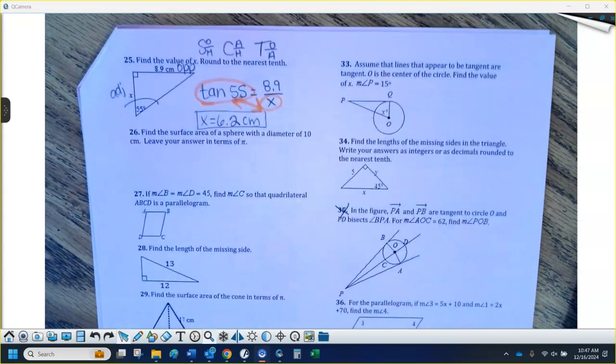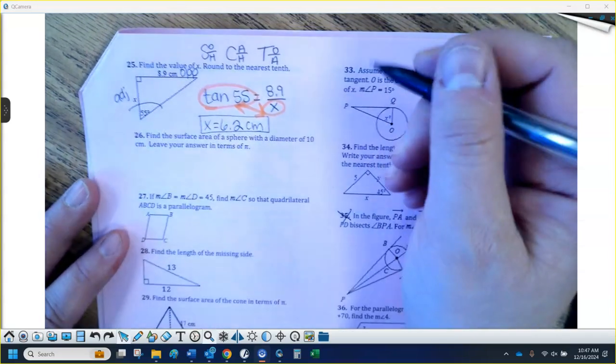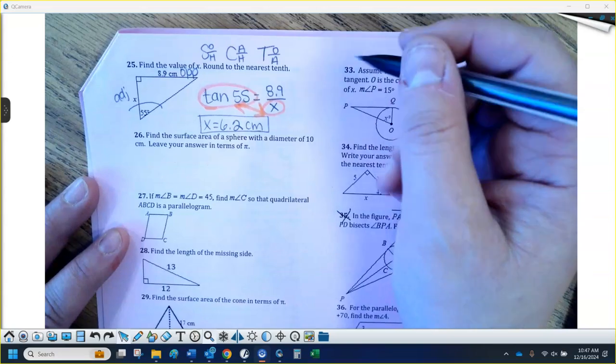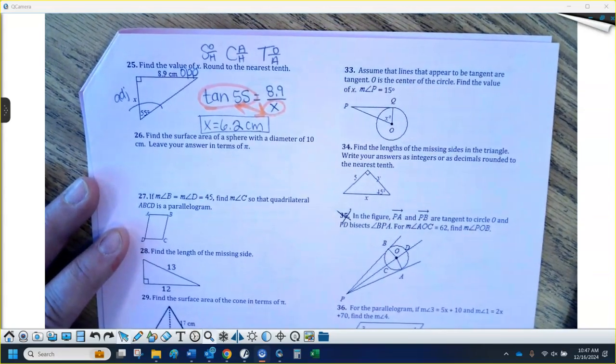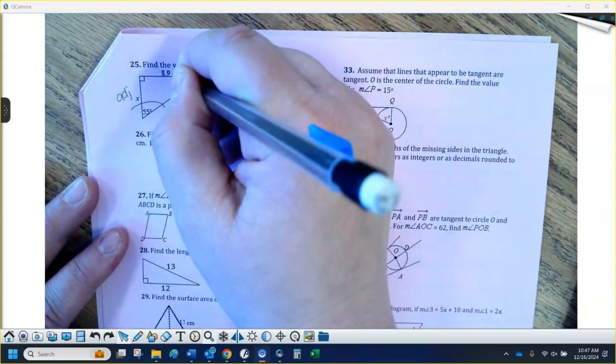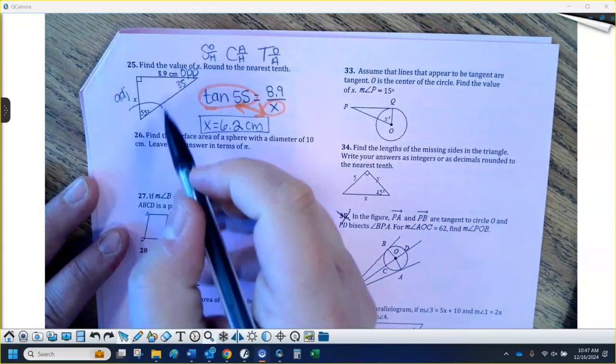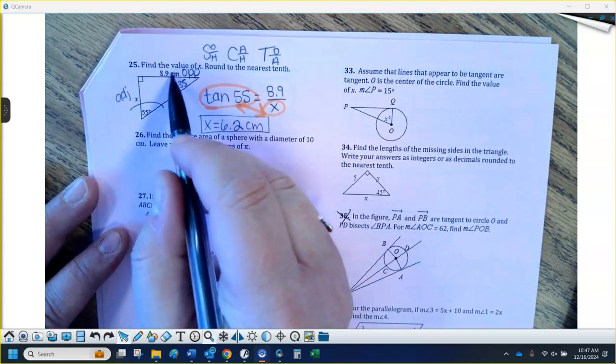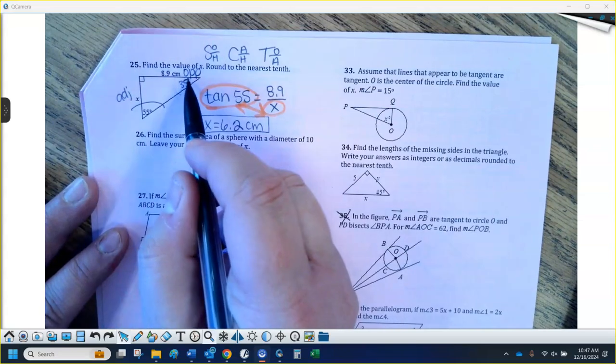If I use that same triangle, this would be a 35-degree angle. If I looked at the 35-degree angle, this would now be opposite and this would be adjacent.